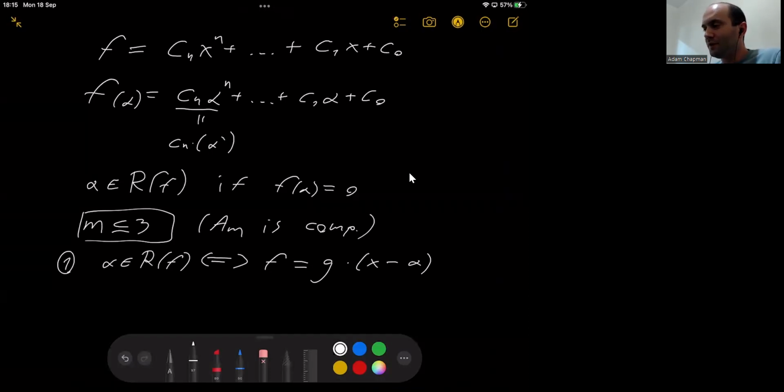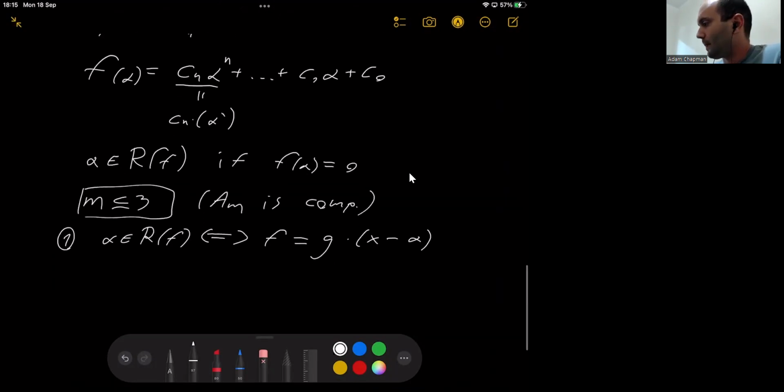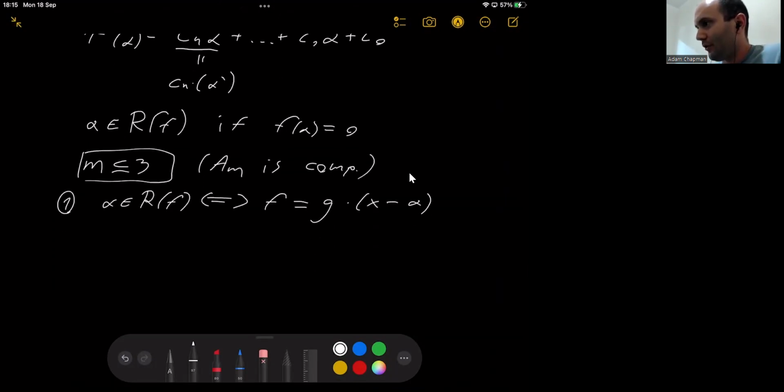You find the roots. Whenever you find a root, you can factor out a linear thing, which is obviously irreducible, and you keep going. You take g and you factor out another thing, and so on. I'll talk about what's happening in the more general case later, at least what we know. But that's what we know for the composition algebra case.